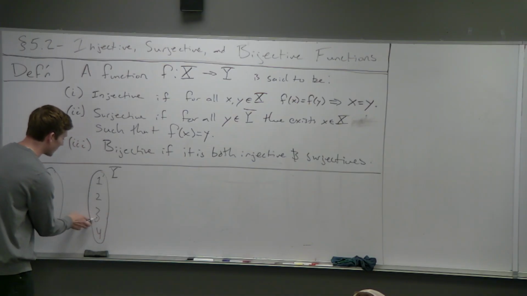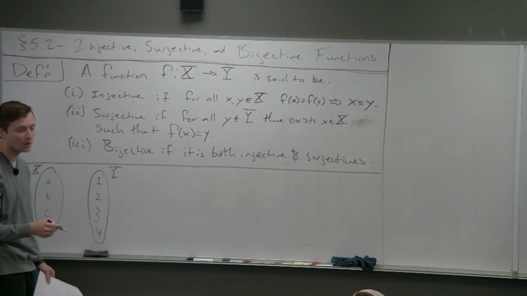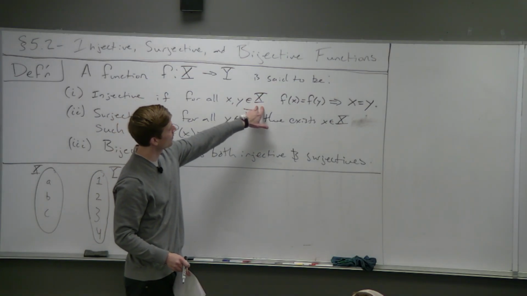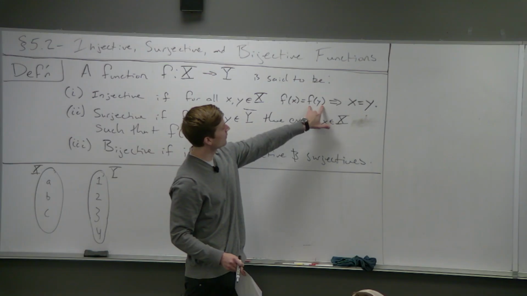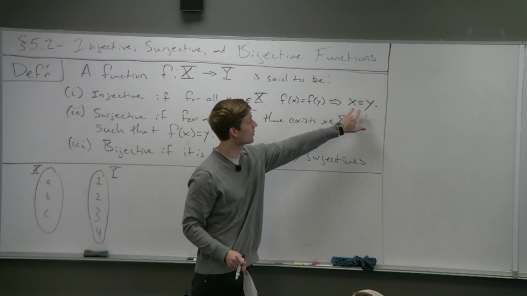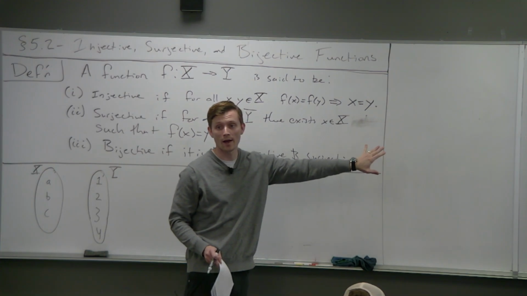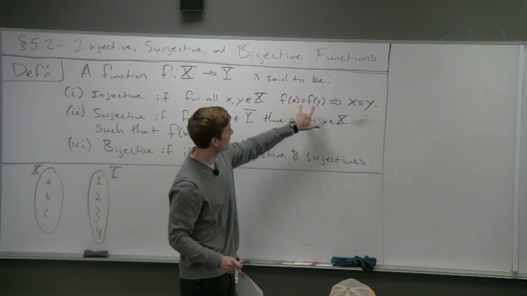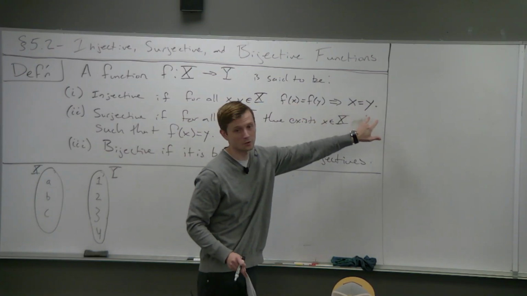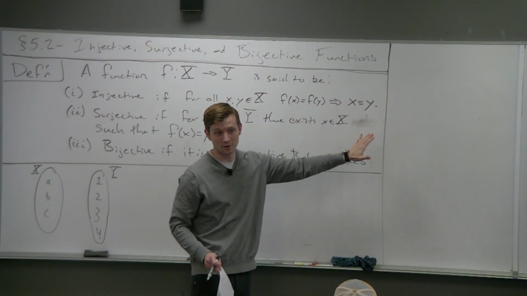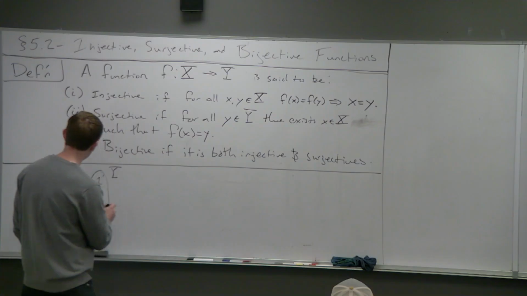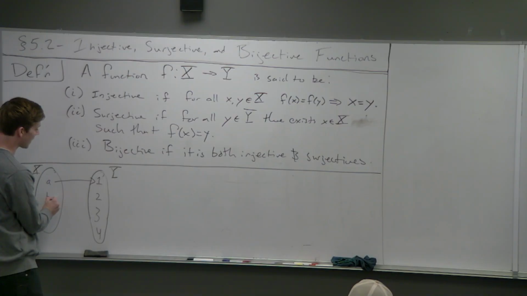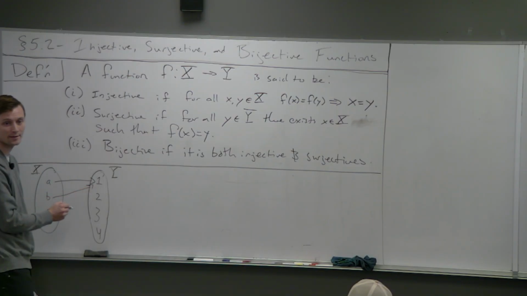So for injective, what it says is that for all pairs x and y in X, having the same value means that they were the same thing. Or putting it another way, the only time that you get f of x equal to f of y is if x is equal to y. What does this say in terms of arrows? It means that if something gets pointed at by your function, nothing else points at it.